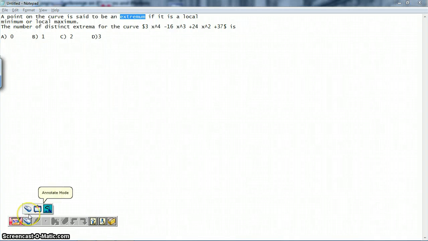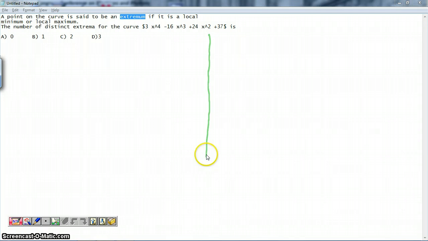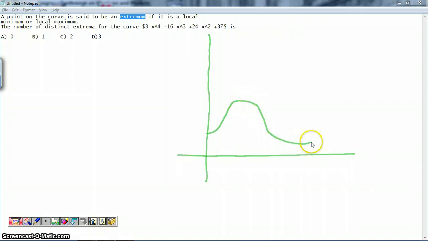By that I mean the following. If I draw, let's say, the curve, which could be something like this, as you can see there is a maxima here, a minima here.